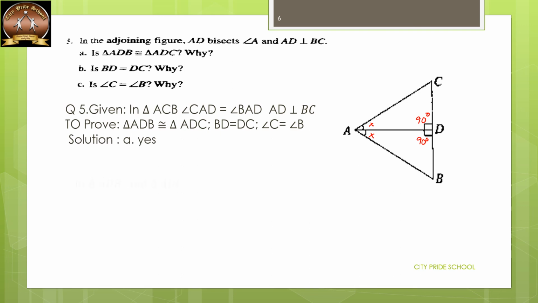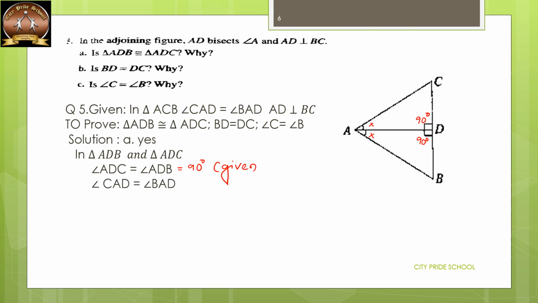Let us write now. In triangle ADB and ADC, we know that angle ADC is equal to angle ADB, that is equal to 90 degrees, and this is given. Next, we also know that angle CAD is equal to angle BAD.